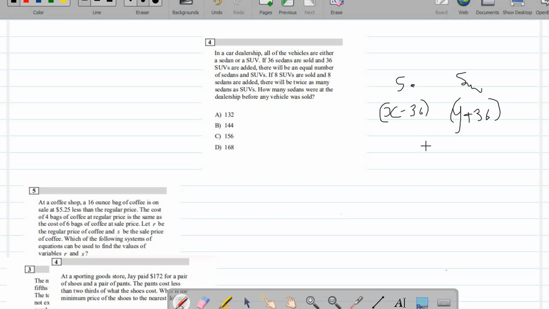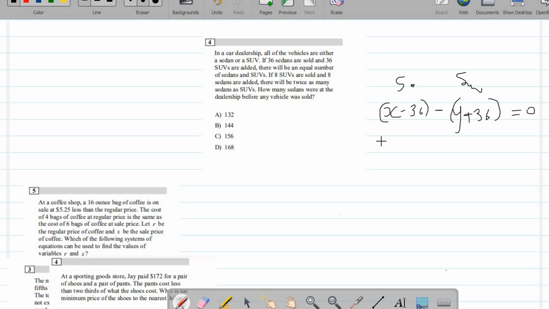So if X equals Y, then X minus Y will give you 0. So after subtracting 36 from the sedans and adding 36 to the SUVs, X minus 36 minus (Y plus 36) will give you 0.